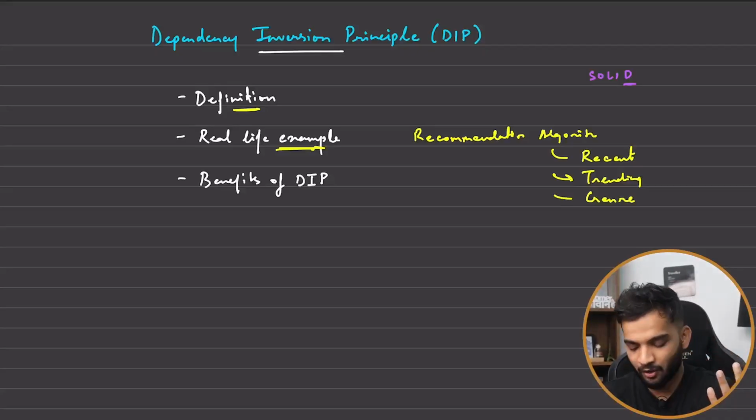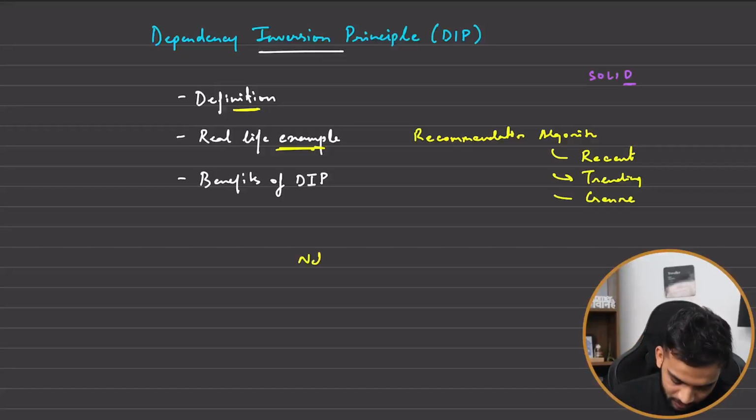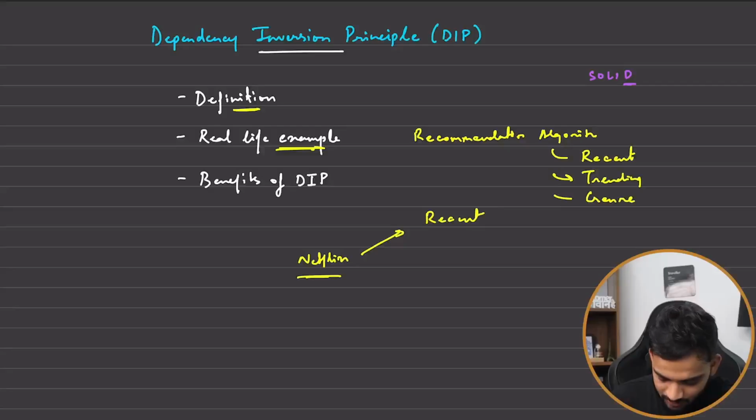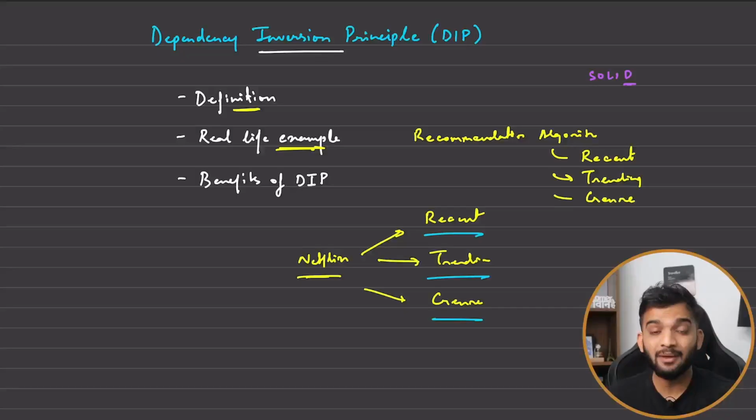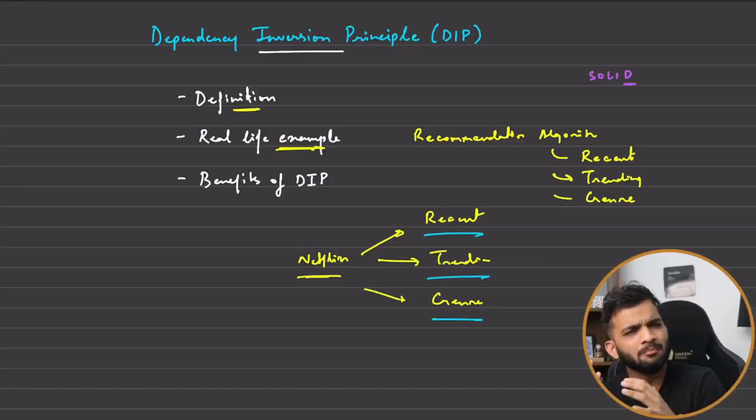Now, for a service like Netflix, whenever they're showing the user content, they could use something like a recent, a trending, or a genre-based recommendation. Depending on whichever is performing well for a certain user, they're going to push it in a much bigger sense.